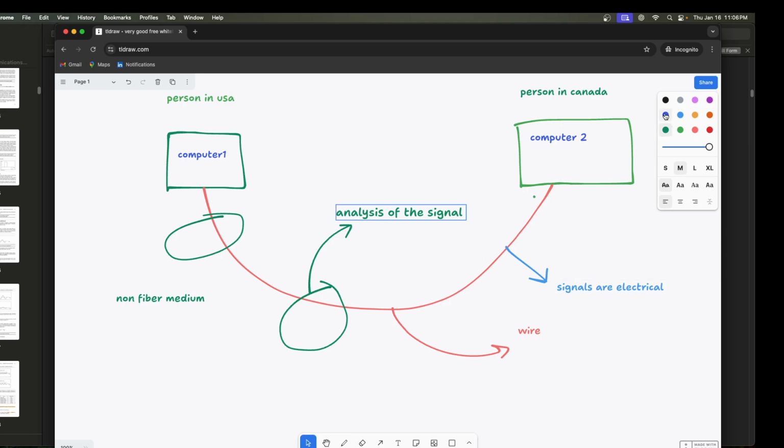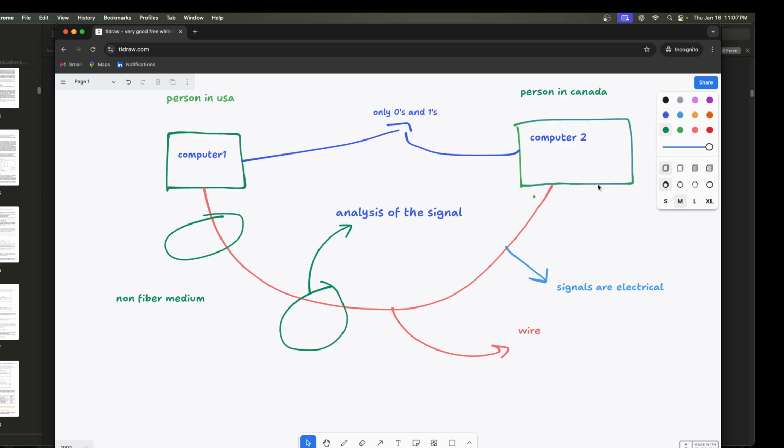But both of these computers understand only zeros and ones.